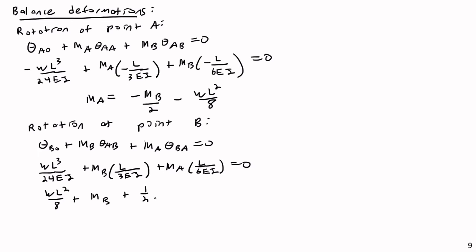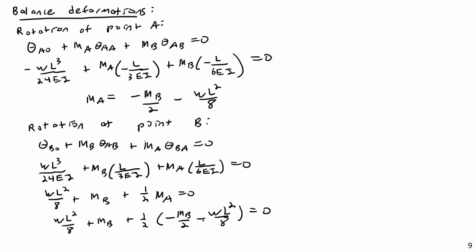At this point, I'm going to take my expression for MA and substitute it in here. So WL squared divided by 8 plus MB plus 1/2 times negative MB over 2 minus WL squared over 8, minus WL squared over 8, and all of this is equal to 0.